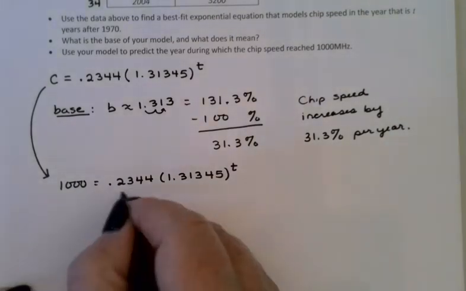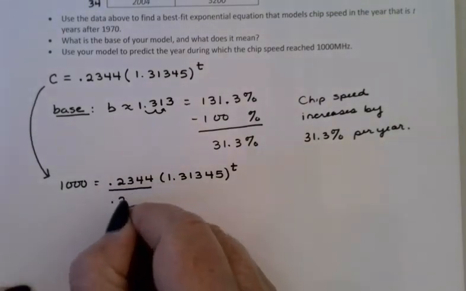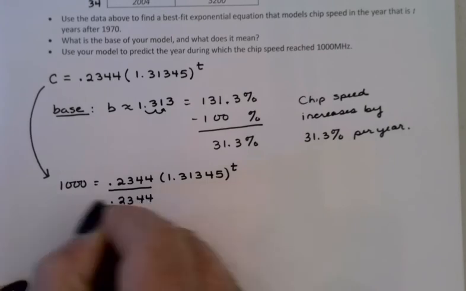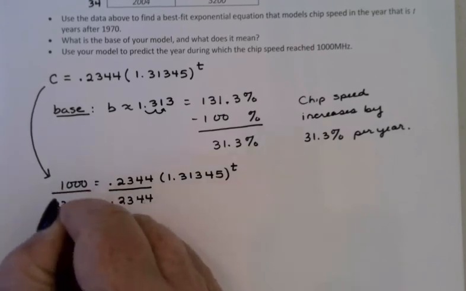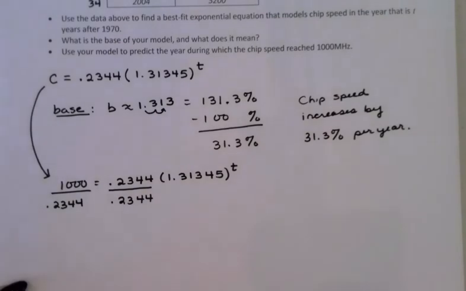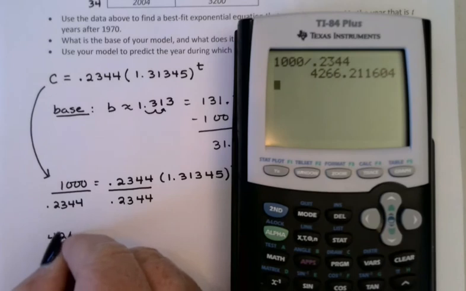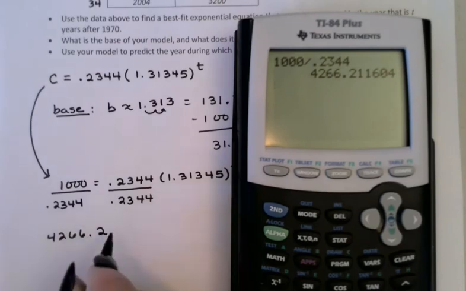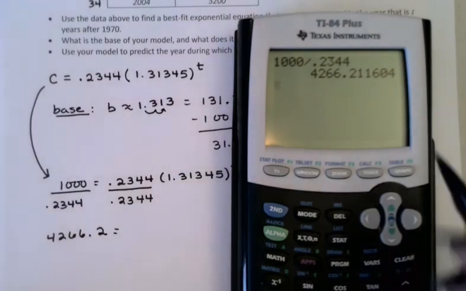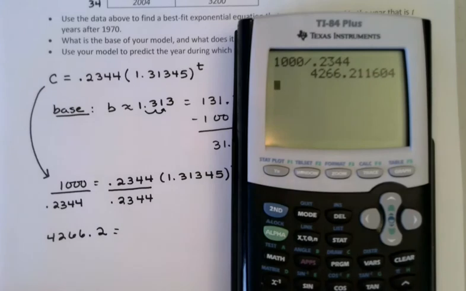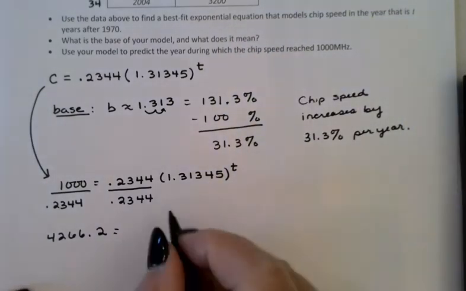I need to isolate my exponential, so I'll divide by 0.2344. And that's about 4266.2. I'm going to keep that number in my calculator so I can use all of the decimals later on.